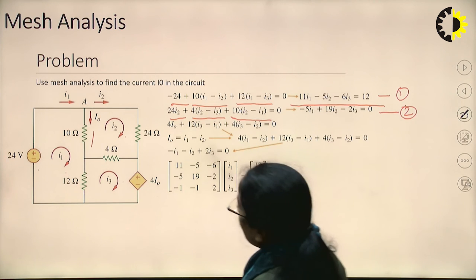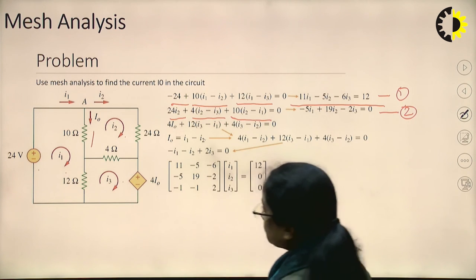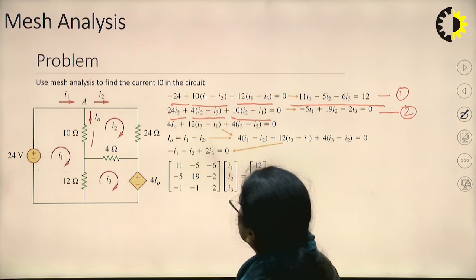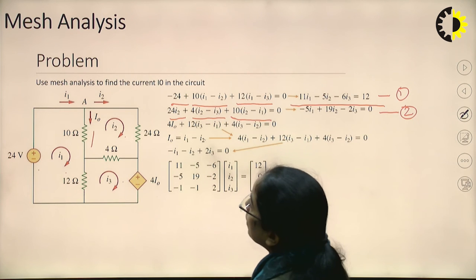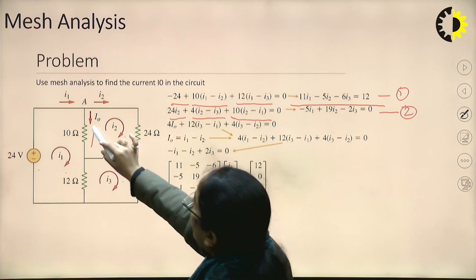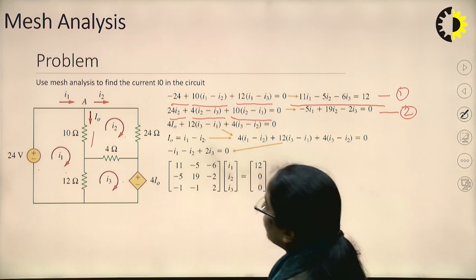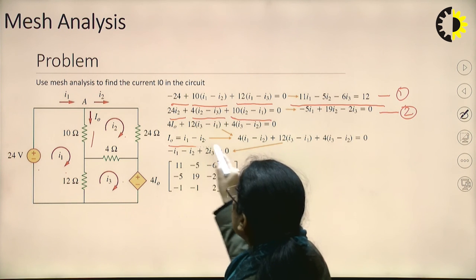Now in the third mesh we don't need to write the equation, because we can directly relate I0 to I1 and I2. I0 is I1 minus I2.